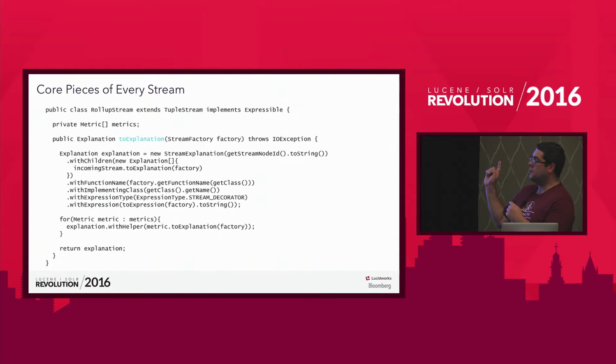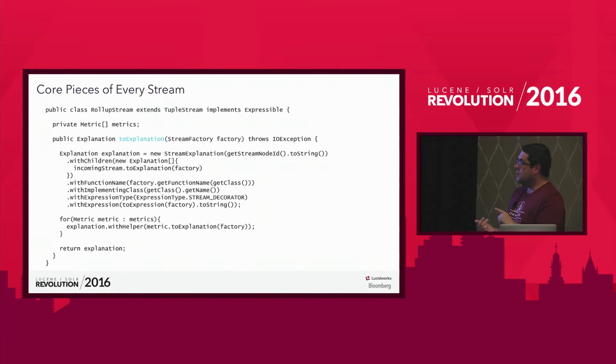The graphs that we were looking at earlier, the pipelines we were looking at earlier, I just ripped straight off of the admin page. All right. So in this function, what we're going to do is just create a new instance of the explanation. We're going to tell it that one of the children is the incoming stream, and we're just going to call its toExplanation function to iterate down on it.